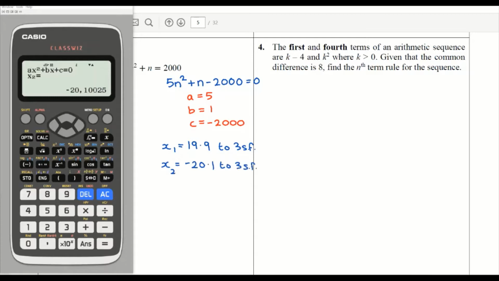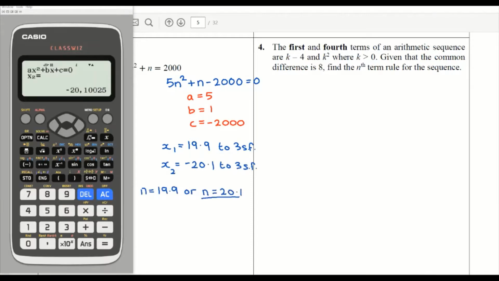All right, so those are the solutions. So in other words, the solutions to the equations, that's what was given on the calculator. We have 2 options. So either n is equal to 19.9 or n is equal to 20.1.